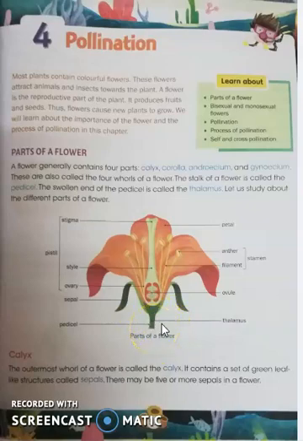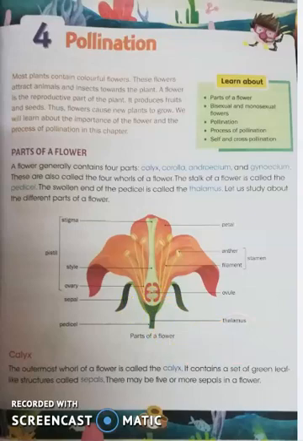So this is the stalk of the flower, it is called pedicel. If you go above, you can see the same green part is there, but it is somewhat swollen. So this swollen end of the pedicel is called the thalamus. This is the thalamus.